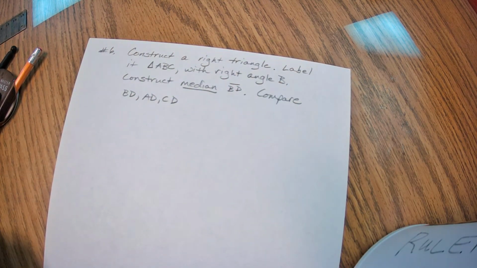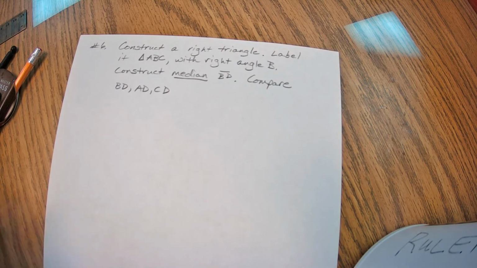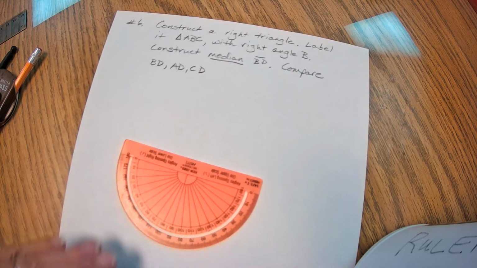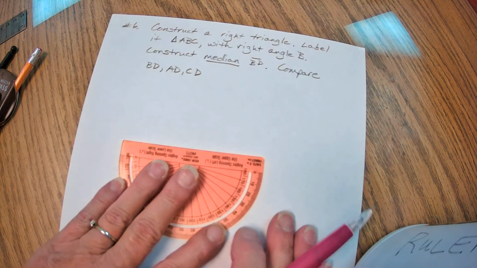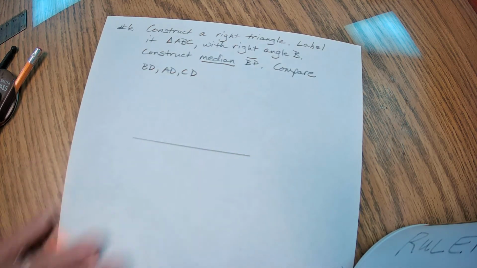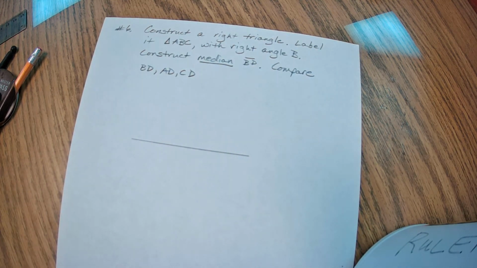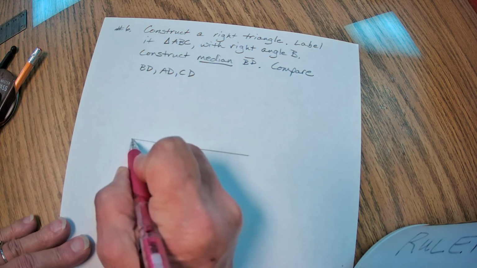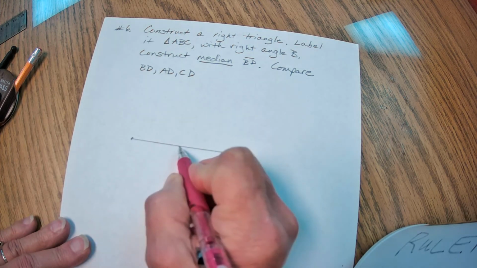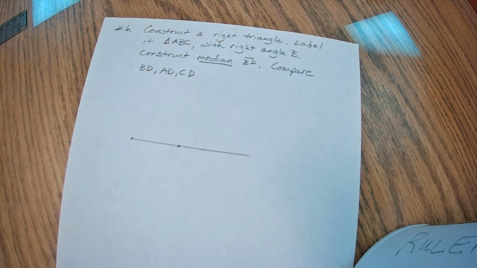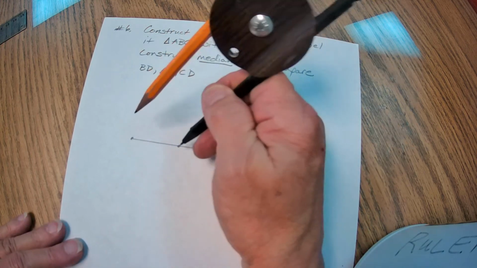All right, let's look at number 6 on this worksheet. It says construct a right triangle. Okay, well, we're going to do that first. Before I read anything else, I'm just going to go ahead and construct a right triangle. Okay, there's going to be my base, and let's just make a couple of endpoints here to work off of.